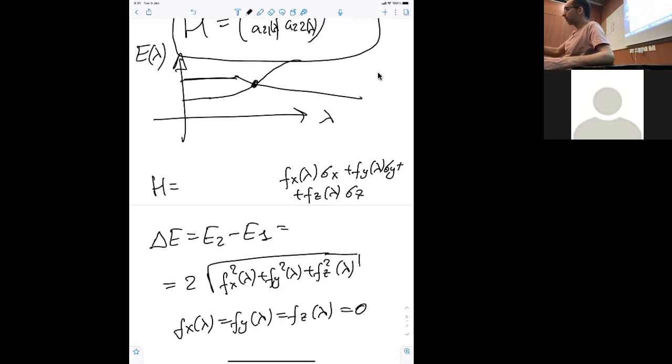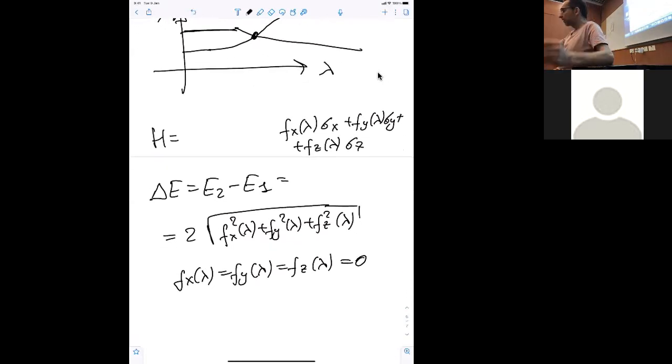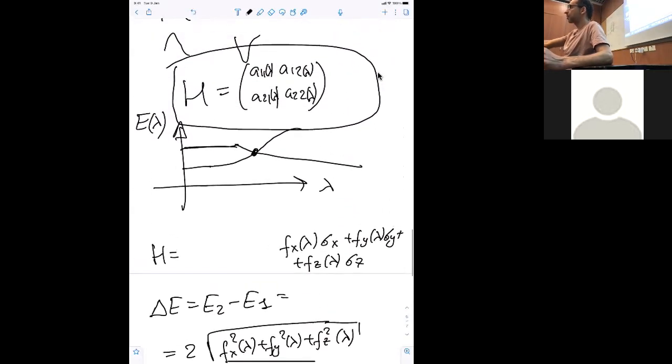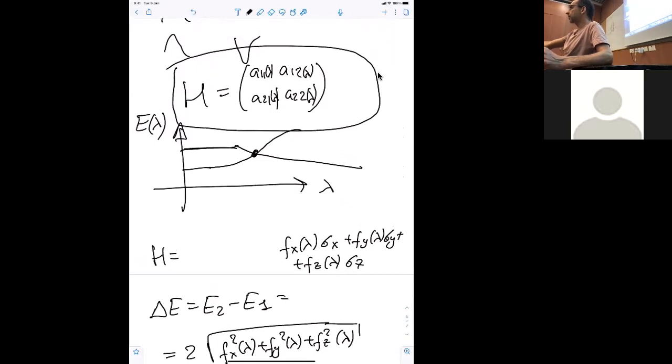So in principle, you need 3 independent parameters to kill three independent functions. Unless of course, some of these functions are 0 to begin with. And this happens, for example, if you demand symmetries. For example, time reversal symmetry.